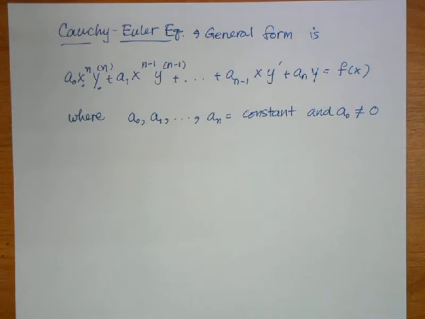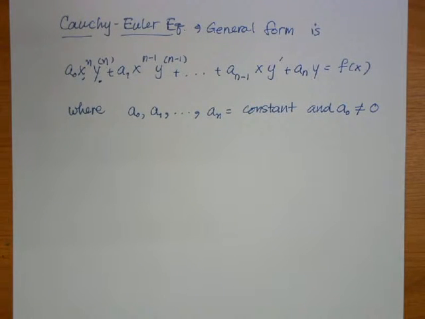So that's why we don't put any x there, because x to the power 0 is 1. If you have this type of differential equation, the way to find the answer is this.